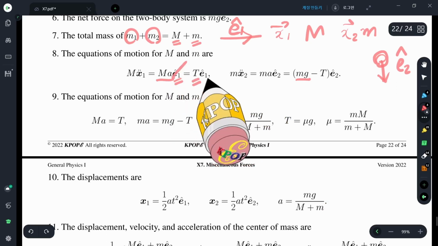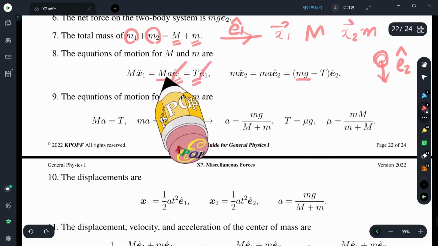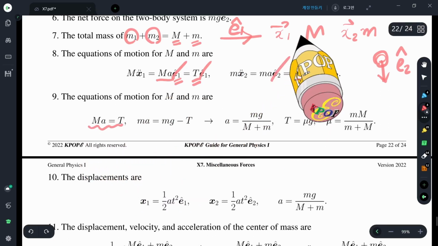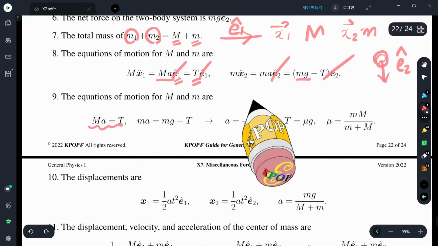So let me remove the unit vector and T equals Ma. Here, let me remove E2.